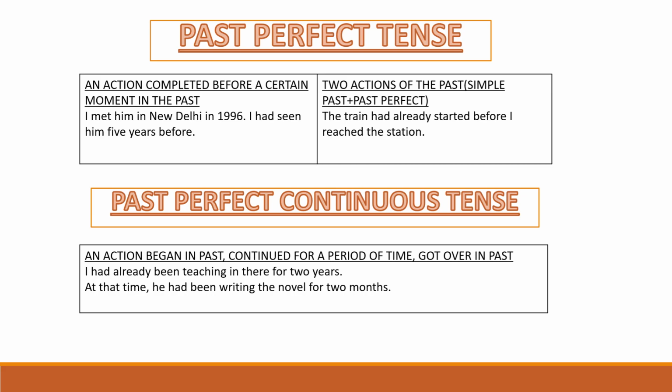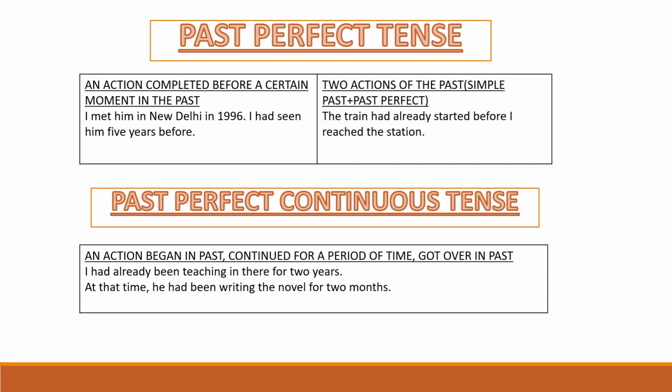Now, example, I had already been teaching in here for 2 years. Now, I had already been teaching in here for 2 years means the person, the subject had started teaching 2 years back, right? For a period of time, means I taught 2 years, and after 2 years in the past itself, I completed, means I left teaching, right there.